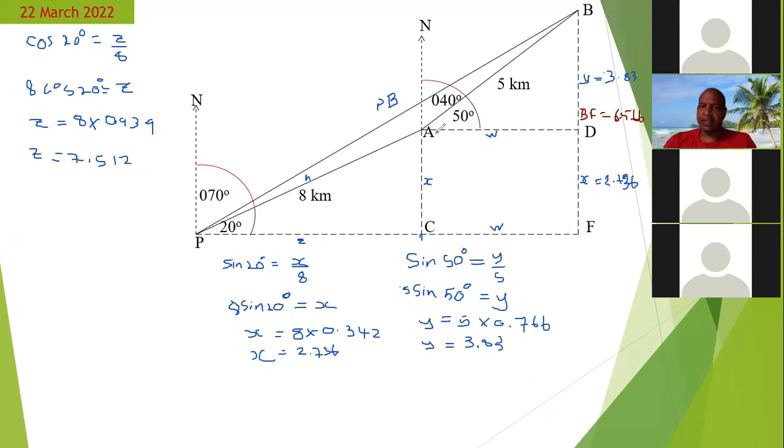But Ms. Wilson said that AD is the same length as CF. So if you are able to find this length, you would be able to find CF, because that length is the same as CF. So what can you do to calculate that length? Mr. Lamar, what can you do to calculate this length?